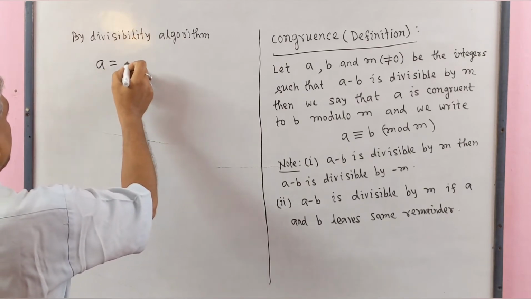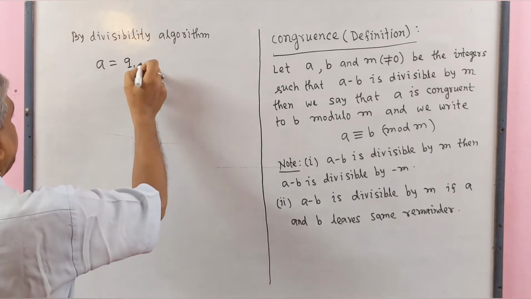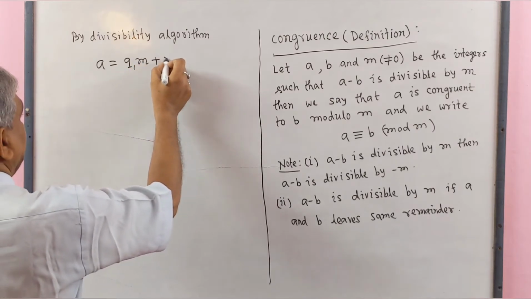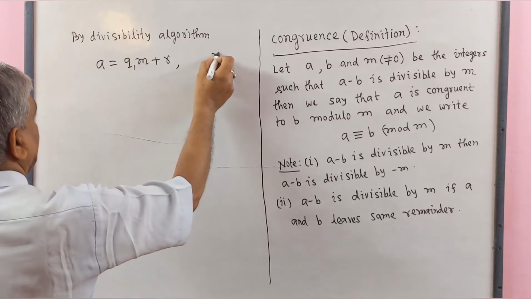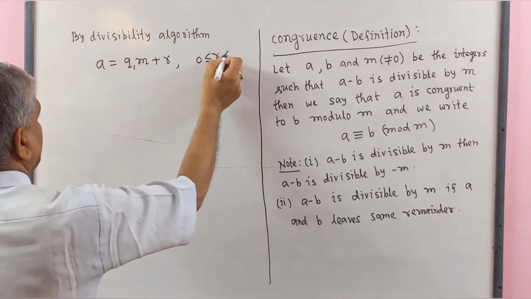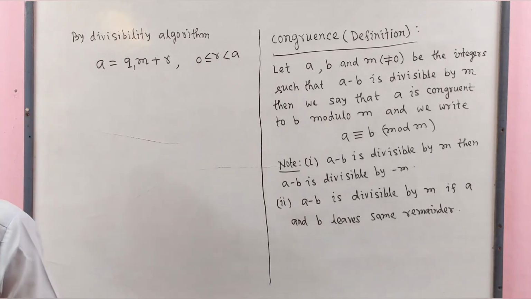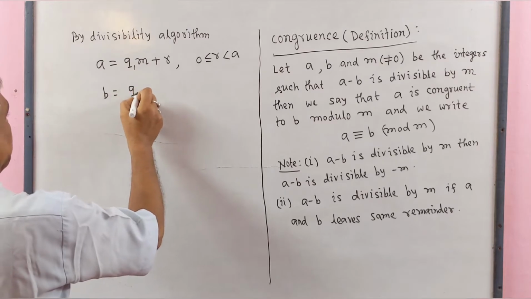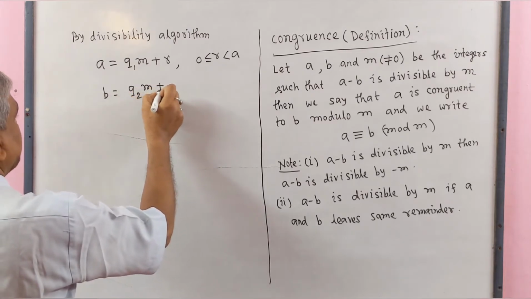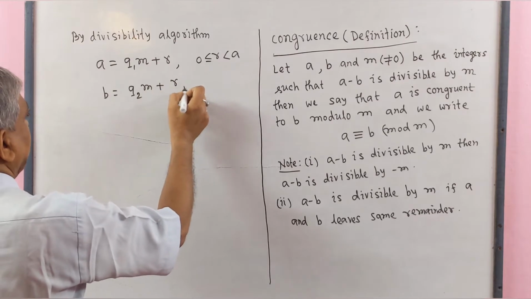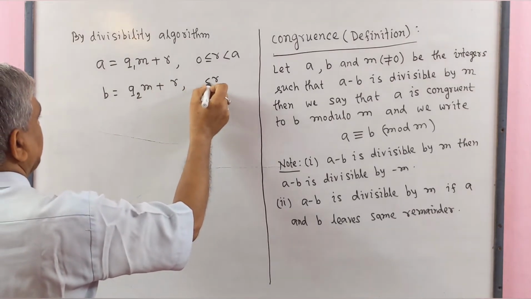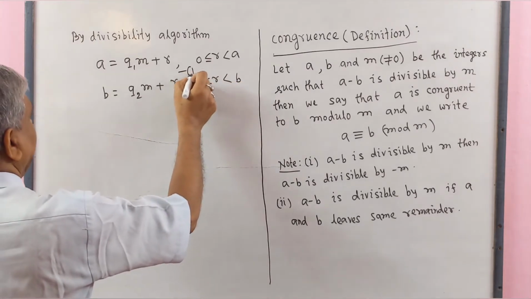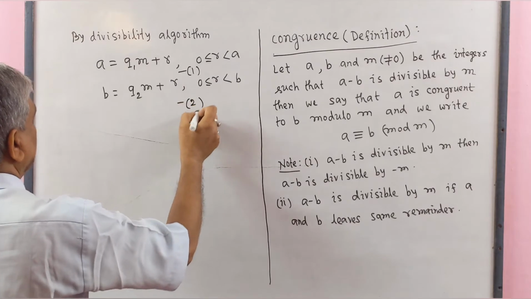a equals q1, the quotient, multiplied by m, plus remainder r, where r is greater than or equal to 0 and less than m. And b equals quotient q2 times m plus the same remainder r, where r is greater than or equal to 0 and less than m. This is number 1 and this is number 2.